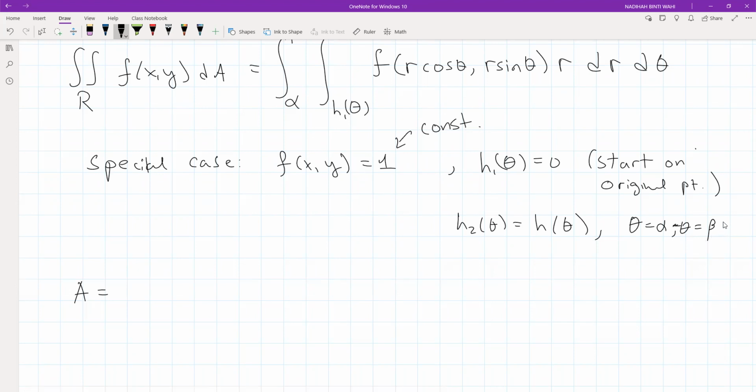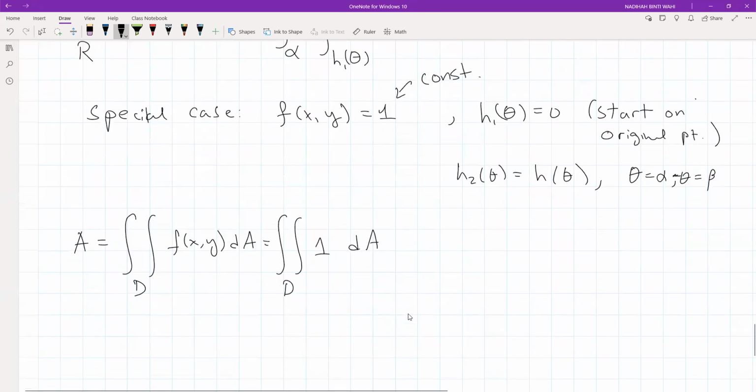Okay. All right. So the double integration over region D is just f(x, y) dA sama dengan 1 dA. Okay.